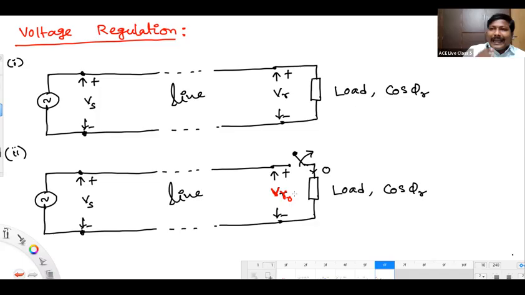Now, let me give you the exact definition of voltage regulation.